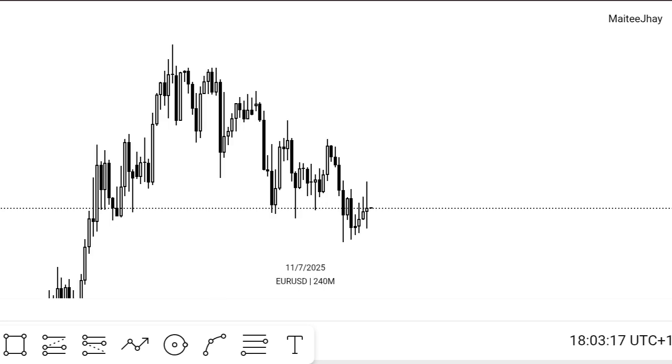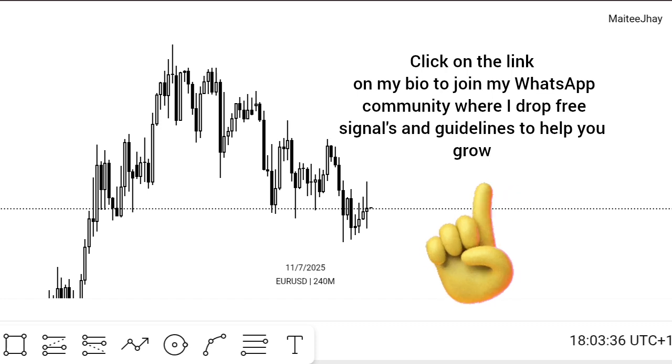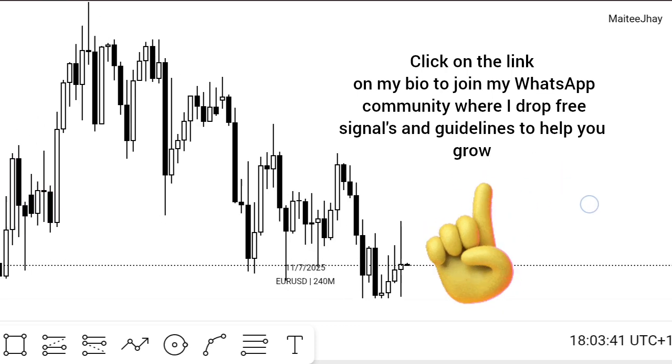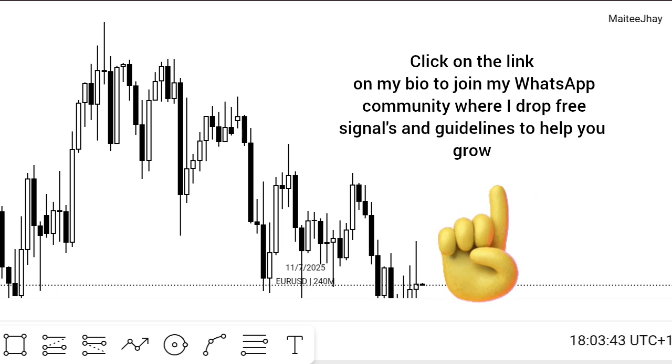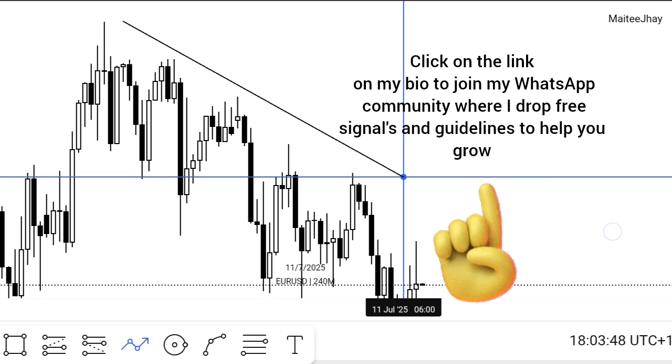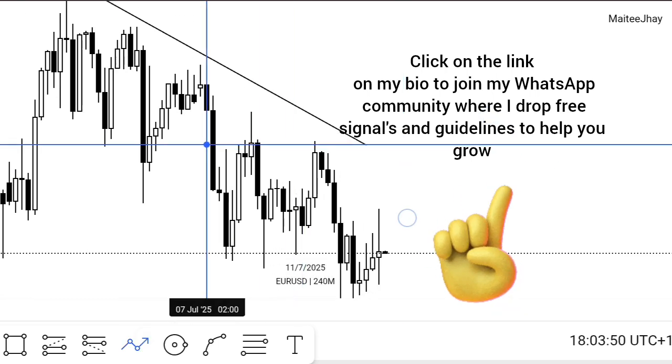So firstly, we are looking for the structure first to know whether it is an uptrend, downtrend, or ranging structure, you understand, to actually analyze and know what market structure is saying on this chart. This is EURUSD. Now I'm on the 4-hour chart. On the 4-hour chart, what can you see here? It clearly shows that this market is in a downtrend structure.